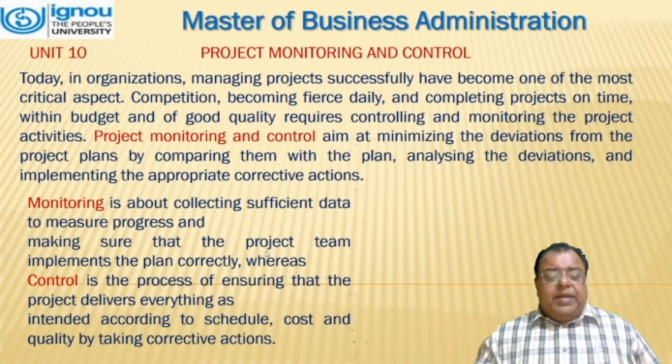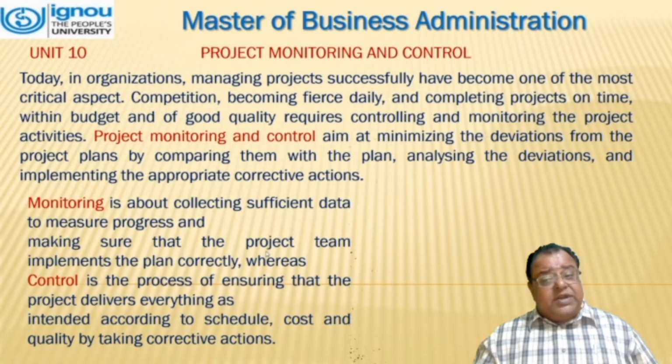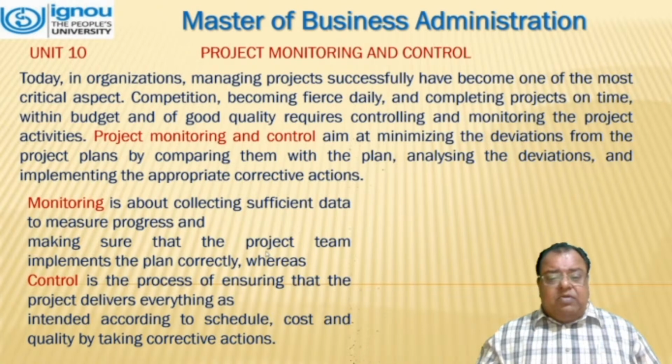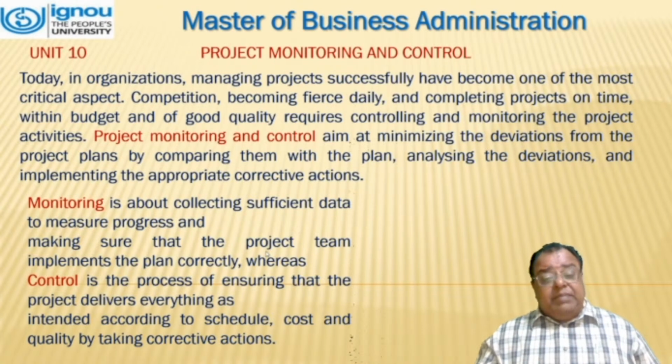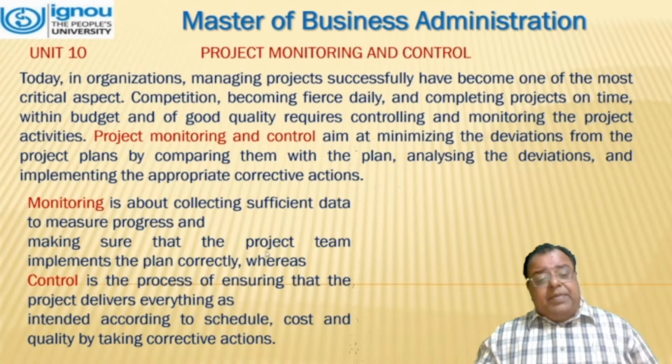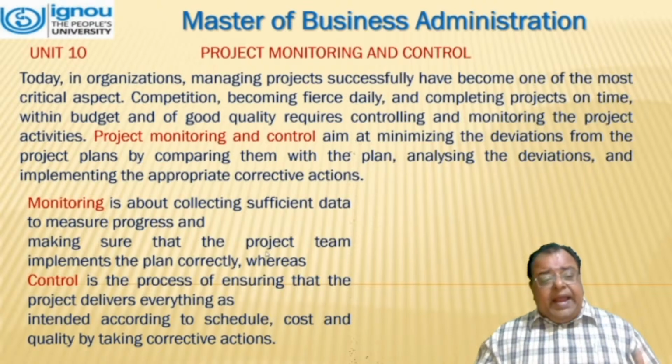Competition is becoming fiercer daily, and completing projects on time, within budget and of good quality requires controlling and monitoring of the project activities. Project monitoring and control aims at minimizing the deviations from the project plan by comparing them with the plan, analyzing the deviations, and implementing the appropriate corrective actions.